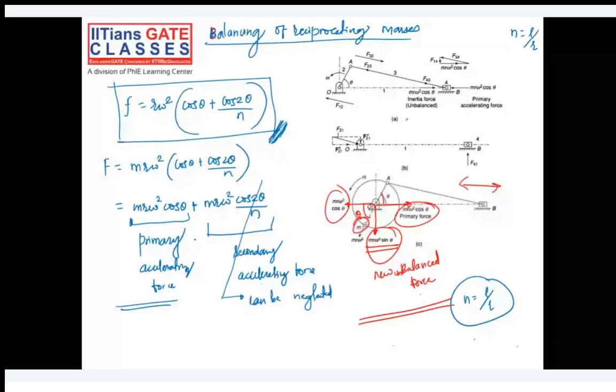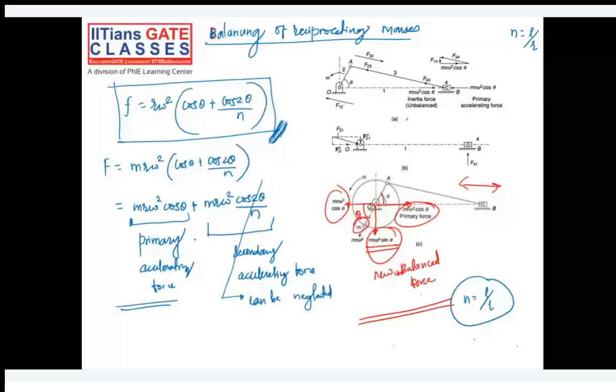Since all the masses are rotating at different planes, the force system will be a coplanar non-concurrent force system. So there is a chance that couples will generate. So in order to do the dynamic balancing here, you don't have to just balance the forces but also the couples.